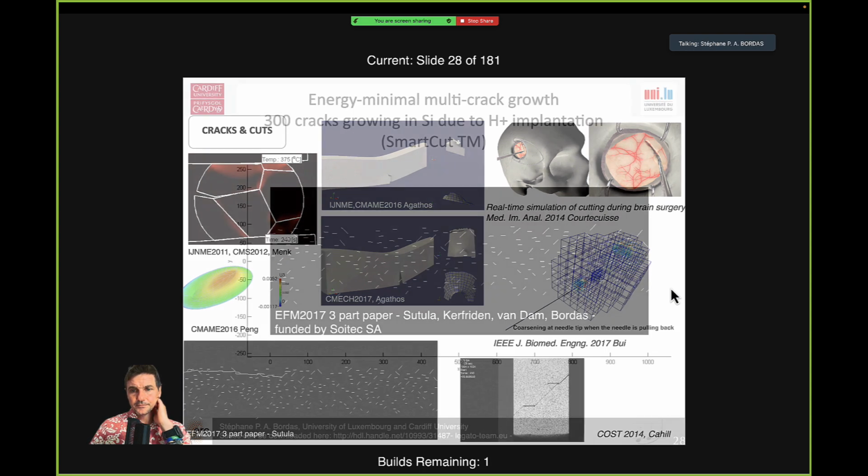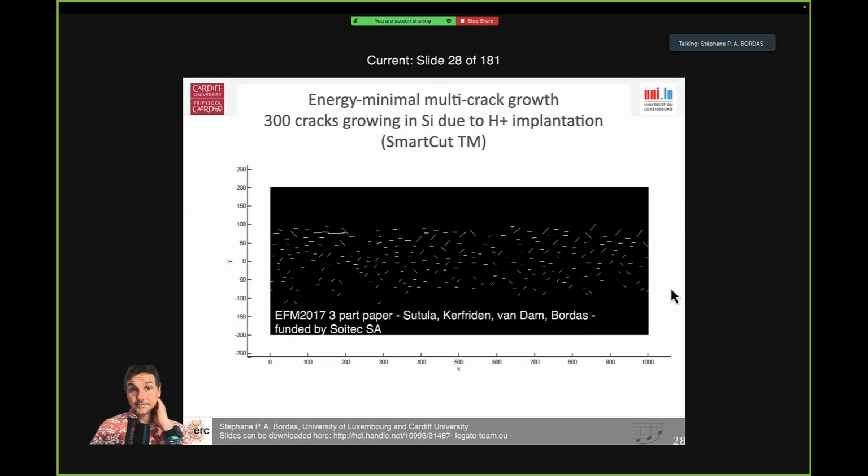Okay, so now, first example, cracks propagating inside a domain. So you would like really to figure out what exactly is going to happen, what is the most energetically favorable growth of crack that we can do in one increment. So, you know, you do a global minimization on all the crack tips, and you try to compute which crack should grow.